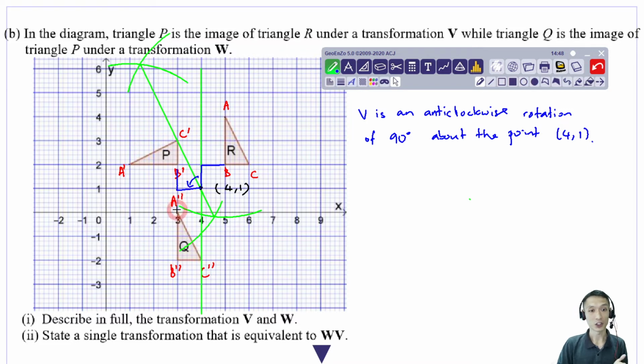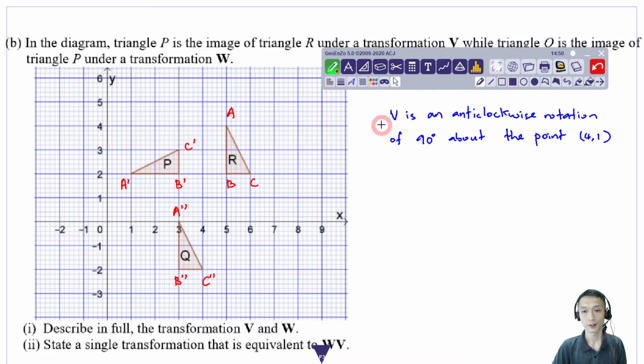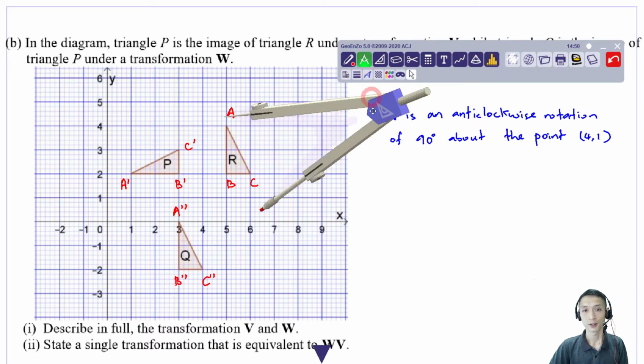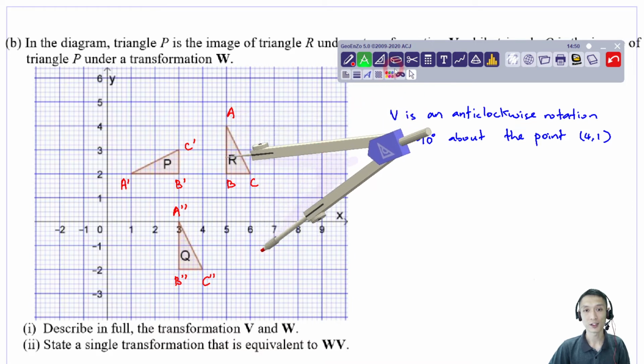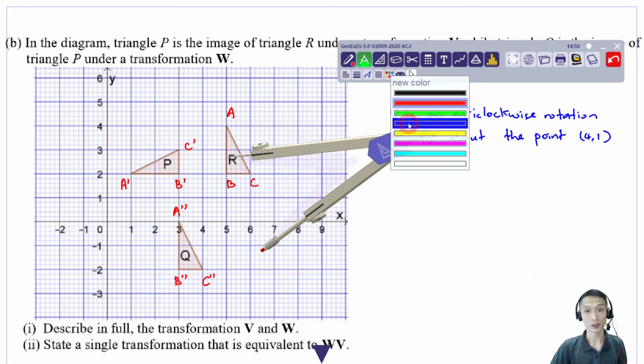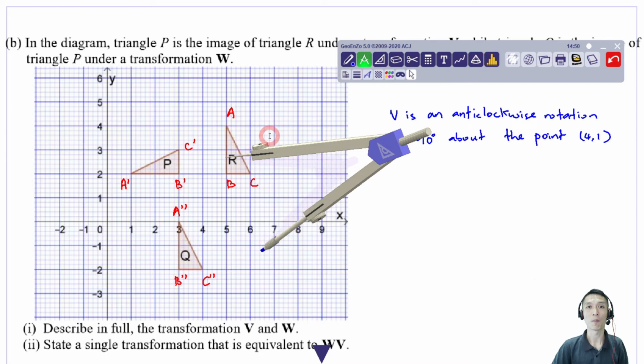Next, let's determine the center of rotation of the transformation W. First we take out our compasses. Same as what we did just now, we need to construct two perpendicular bisectors. We need to choose two pairs of corresponding vertices. So how about I use A prime and A double prime.